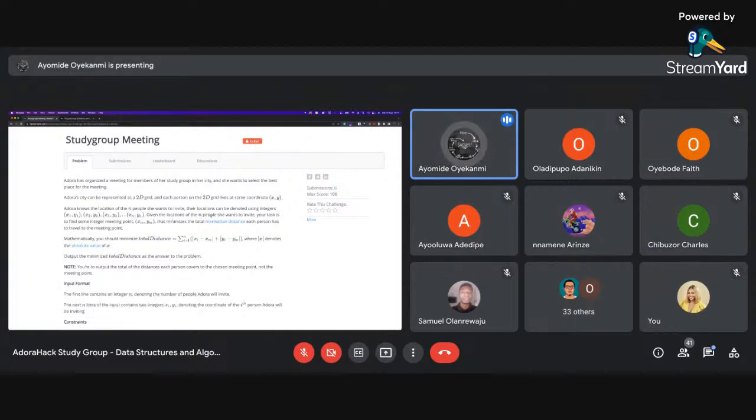Given the locations of the n people she wants to invite, your task is to find some meeting point (xm, ym) that minimizes the total Manhattan distance each person has to travel to the meeting point.